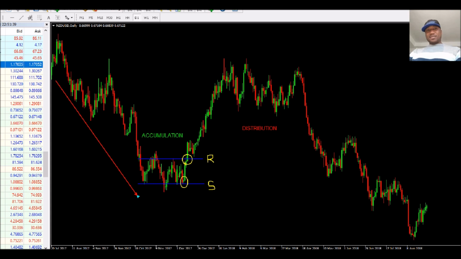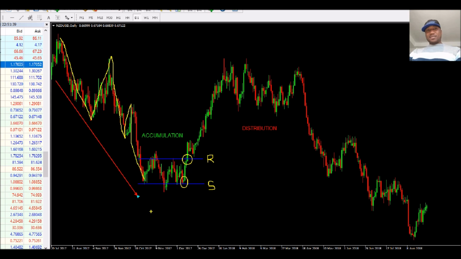So how to identify the accumulation phase is to make sure that the market has been trending. How do we know here that the market has been trending? Because the market creates waves, different waves to the downside, right? If we look at this point, we can see the market went down, market went up, market went down, market went up, market went down.